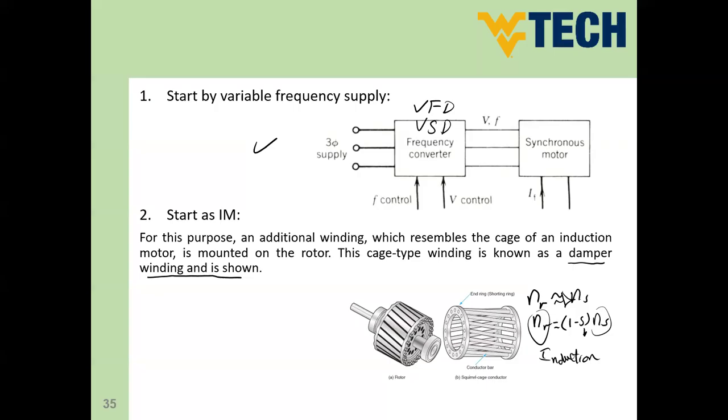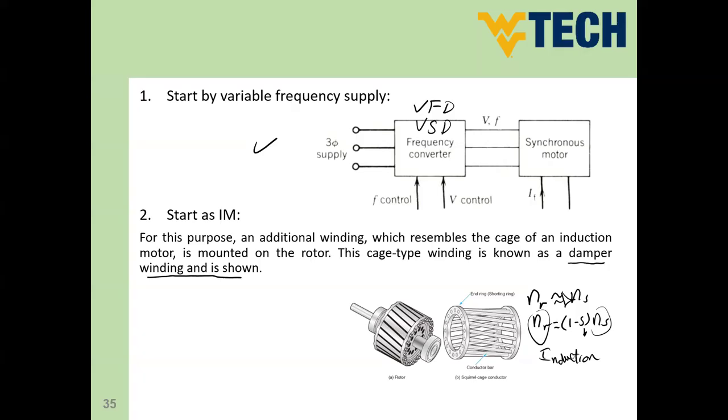So this is the second way we can start the synchronous motor. The first way is to start by variable frequency using a variable frequency drive, and the second way is to add the damper winding, which is going to start the machine as an induction motor, and then connect the field winding so the machine is going to move with the synchronous speed.